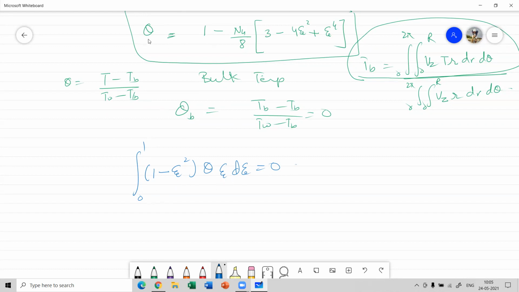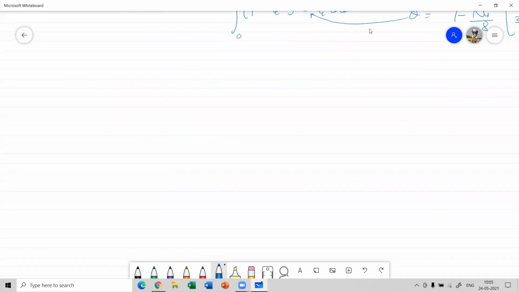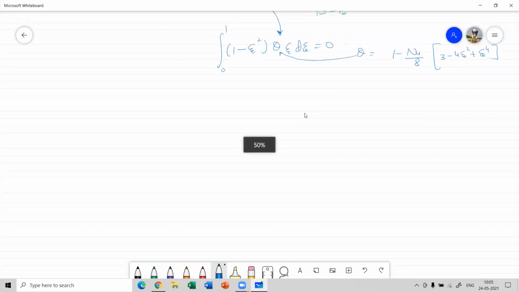Now this expression of theta can be substituted over here. So let's substitute the expression of theta and do the integration to find out the required Nusselt number.